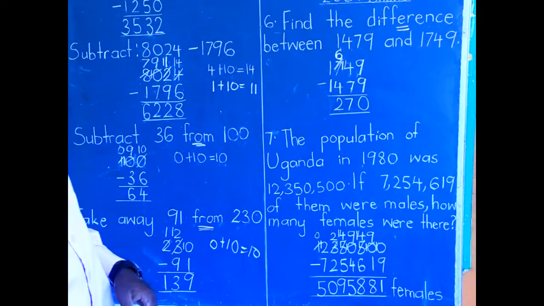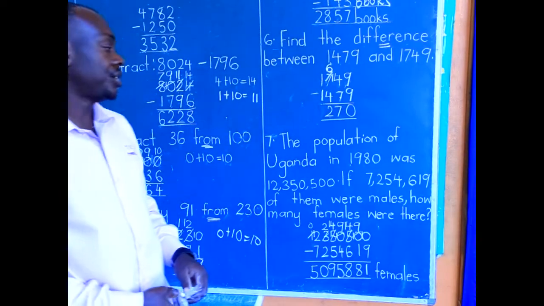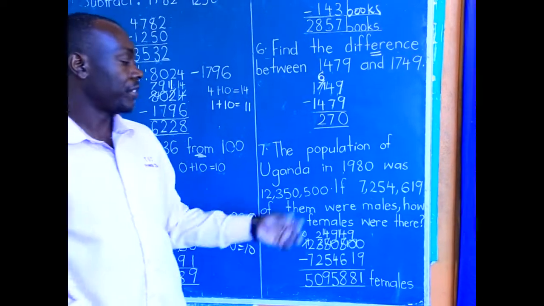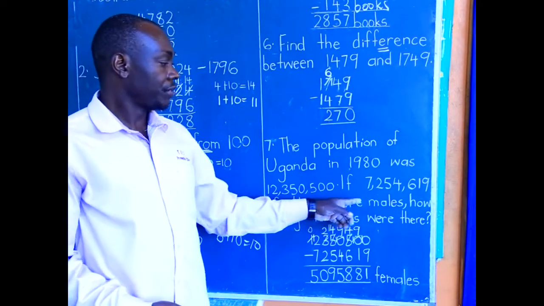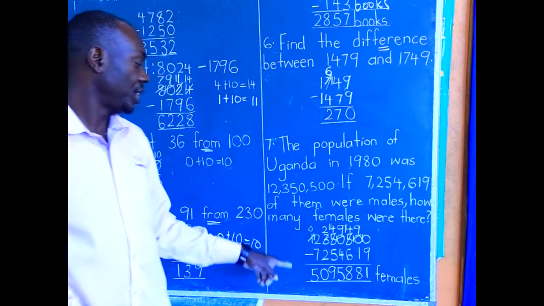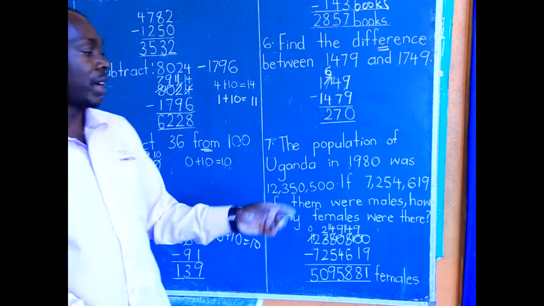The question reads again, the population of Uganda in 1980 was 12,350,500. If 7,254,619 of them were males, then how many females were there?